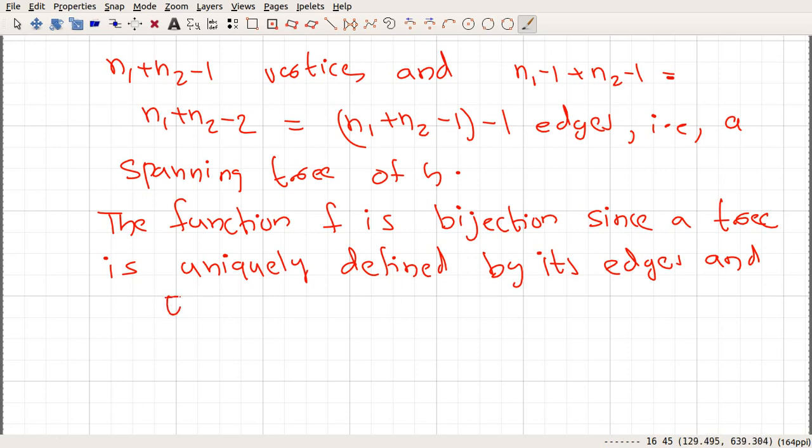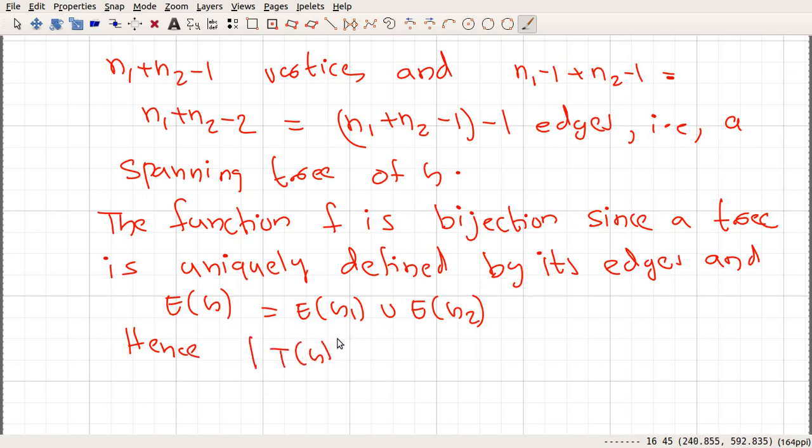Okay, and here we can see that that set of G is nothing but that set of G1 union that set of G2. That's how we define that set, by taking the union. Okay, and that says the cardinality of this set is equal to the cardinality of this cross product. Both sets are the same since we are dealing with a bijection. Okay, so the cardinality of this set T of G is equal to the cardinality of T of G1 cross product with T of G2.